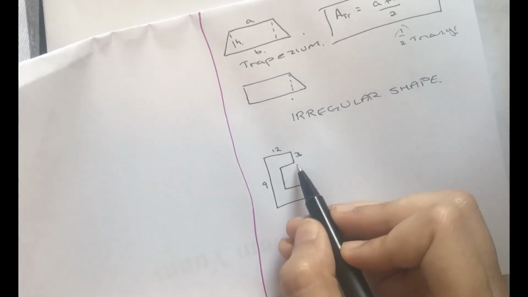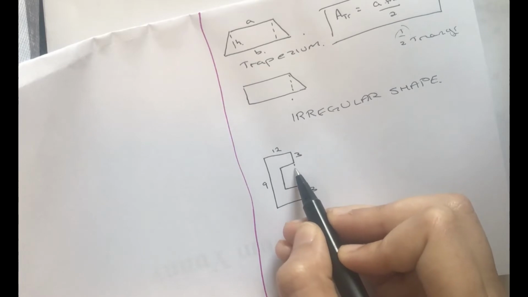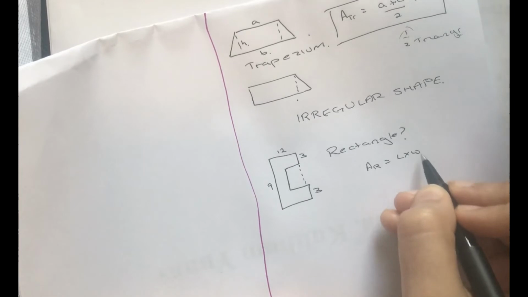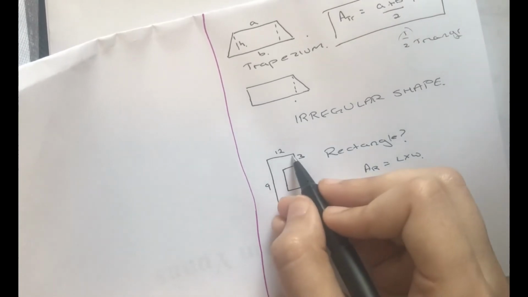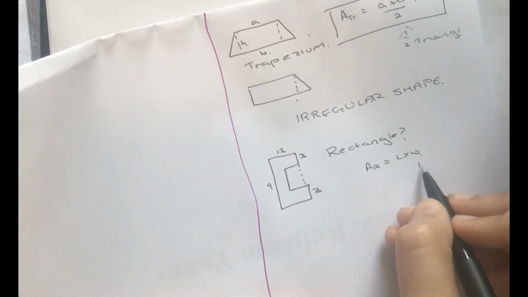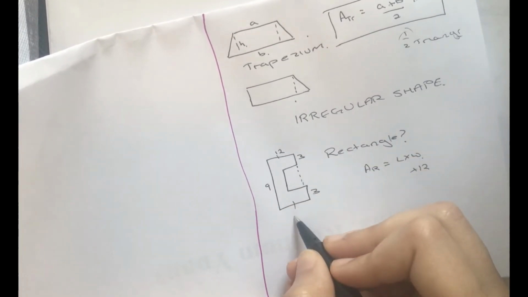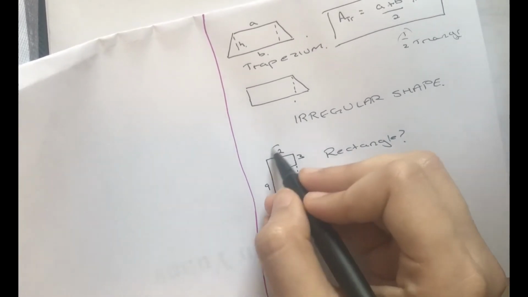Try to think. What if we add an imaginary line here? Doesn't it look like a rectangle? Yes, it does. And how do we find the area of a rectangle? Length times width. So now we have width, that is 12, because it's a rectangle now, so this will be equal to this. We have 12 now because we've used this already.